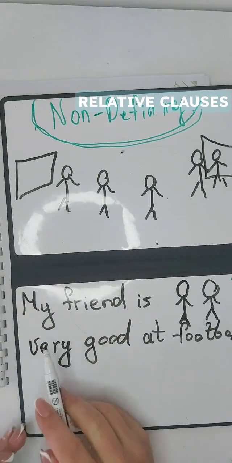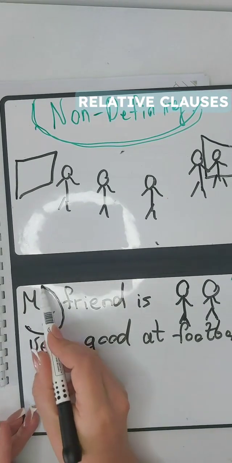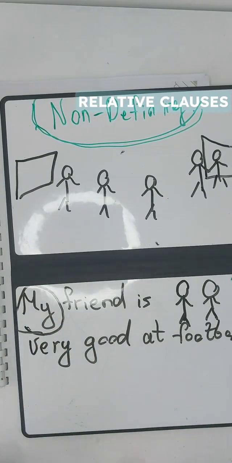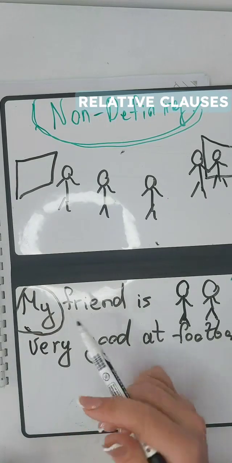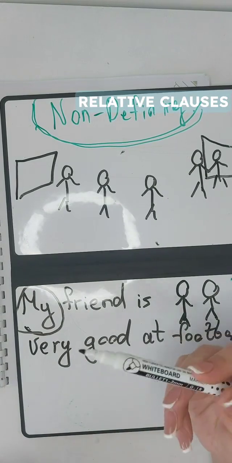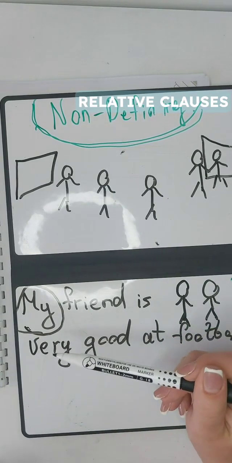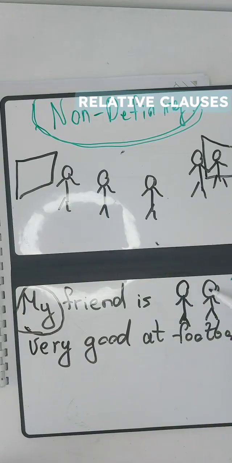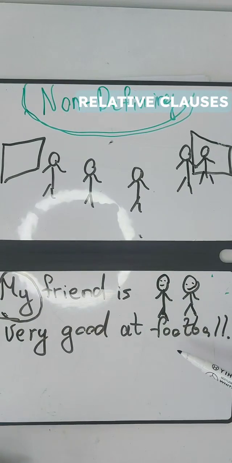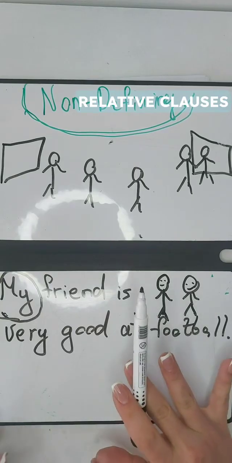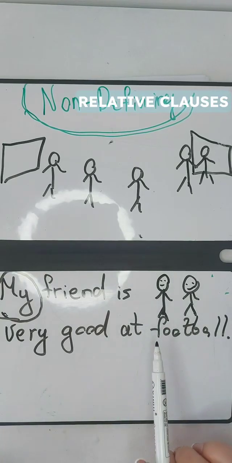Here, I started the sentence with my friend. Note that. Most likely, I started the sentence with my friend because the listener already knows who I'm talking about. The friend is already identified.